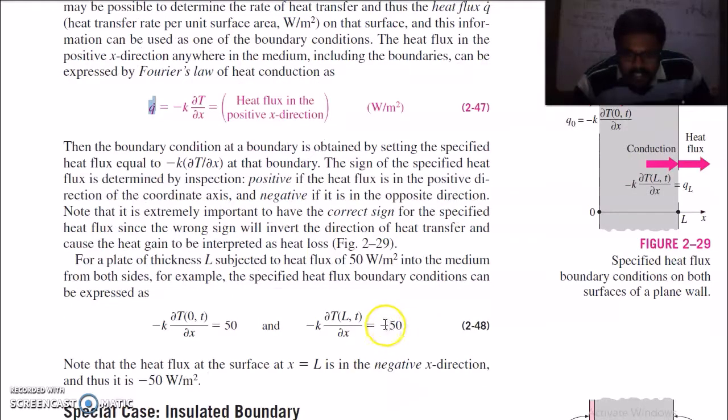Here in this case there is a negative sign because we had chosen the heat flux from outside into the wall from both sides, so that's why here it is negative.